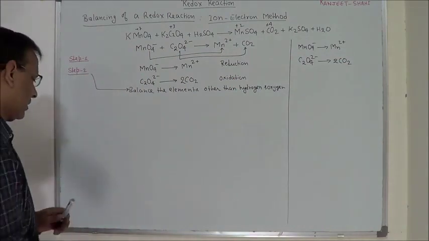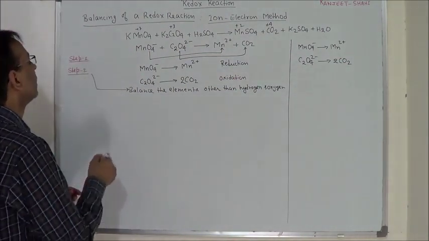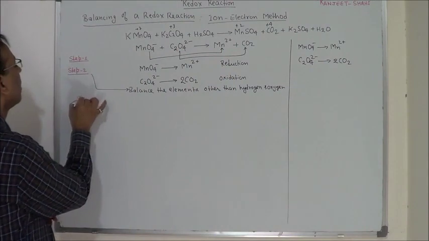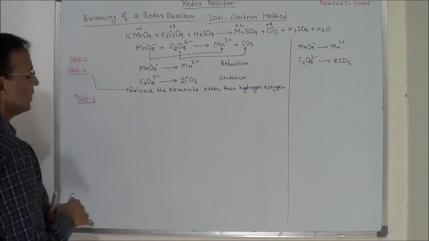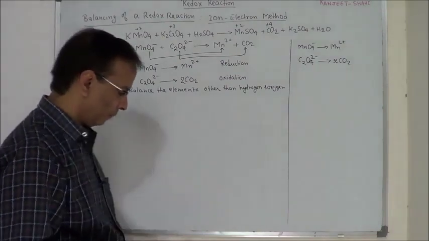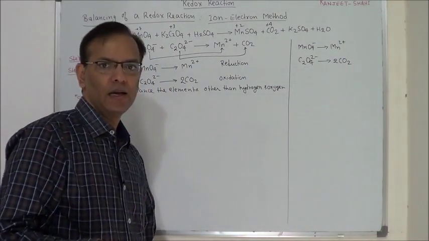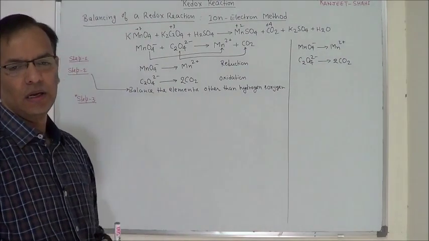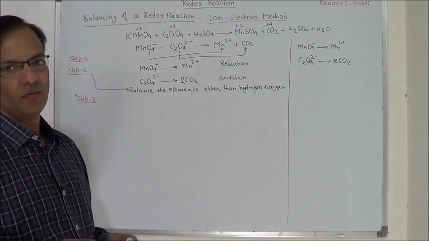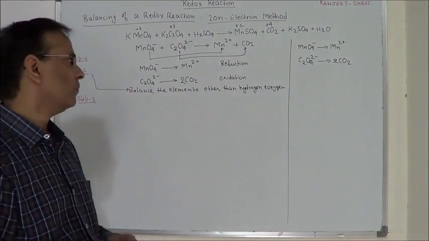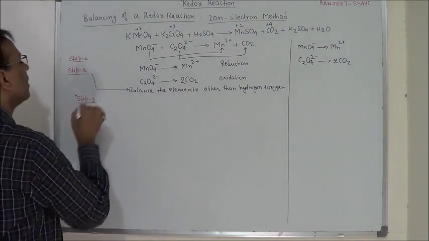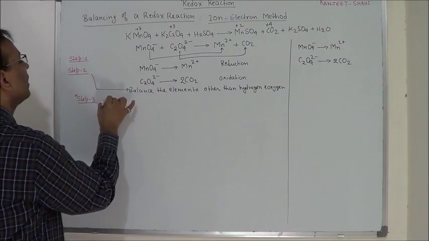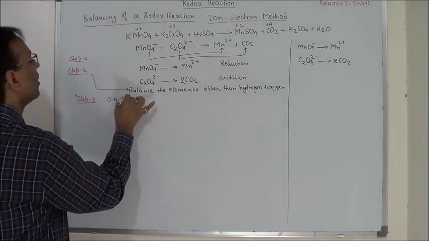Then comes the third step, this is very important. Third and fourth steps are the most important in balancing of a redox reaction. The third step we call oxidation number balancing.